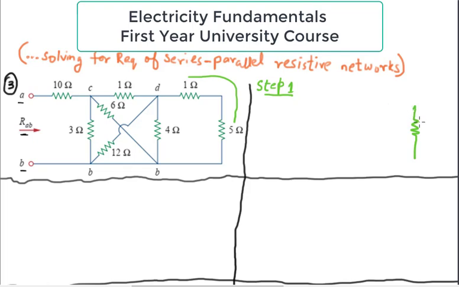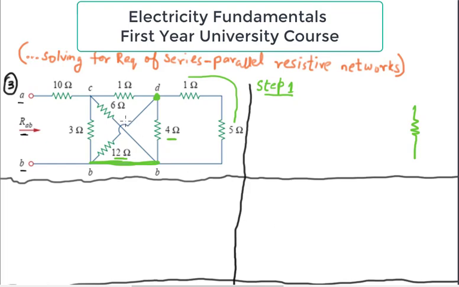Apart from that, there is another thing that's going to happen, and that is going to be a very interesting and slightly unusual thing. You can see that this 4 ohm resistor and this 12 ohm resistor, they have one common node over here at the top, which is D, and another common node over here at the bottom, which is B. And both the resistors share the same two ends, and that means they are in parallel.